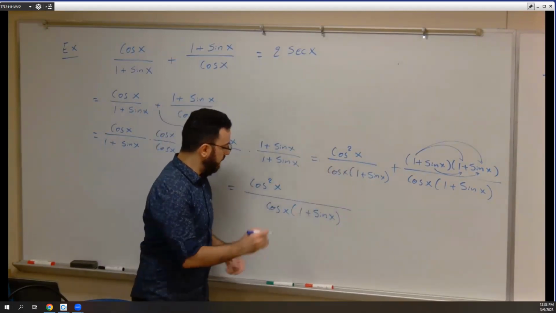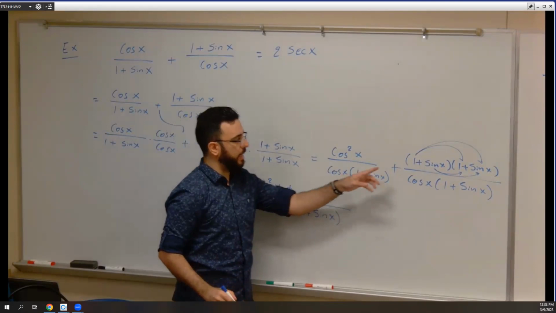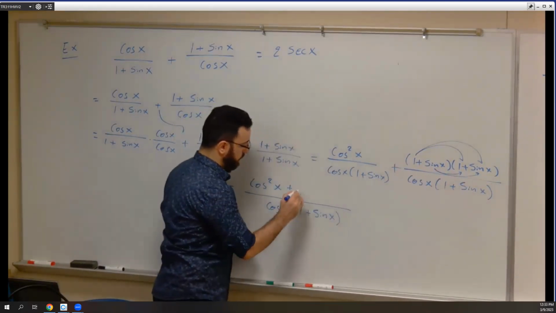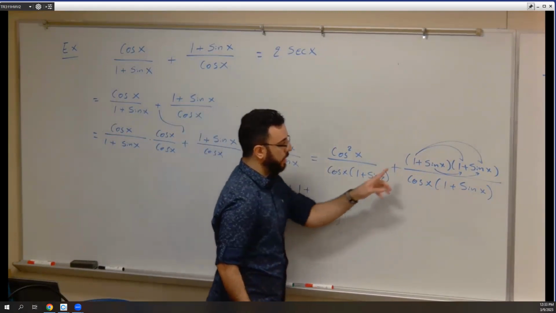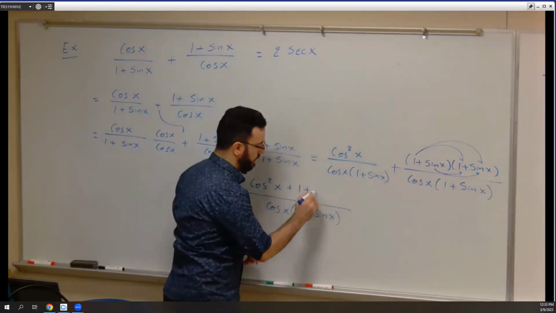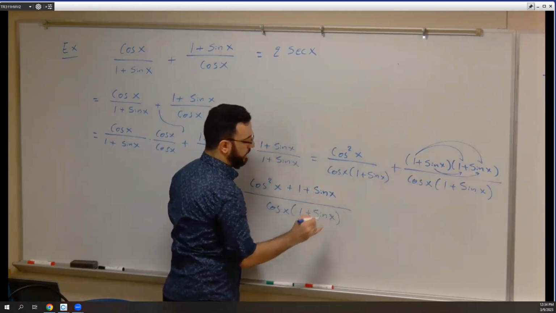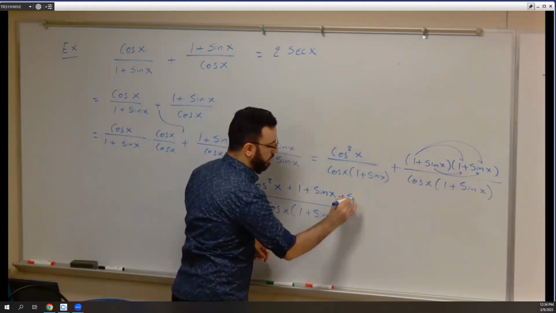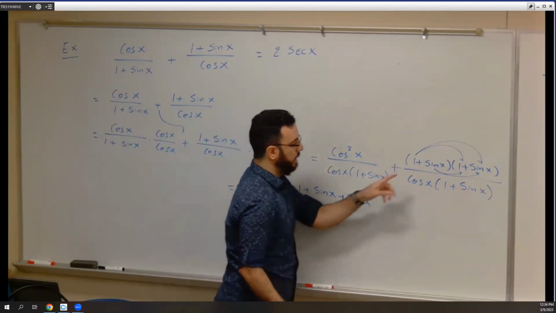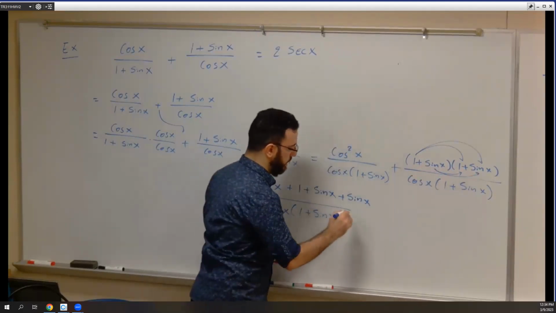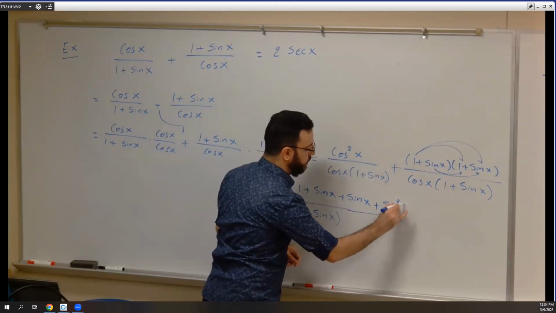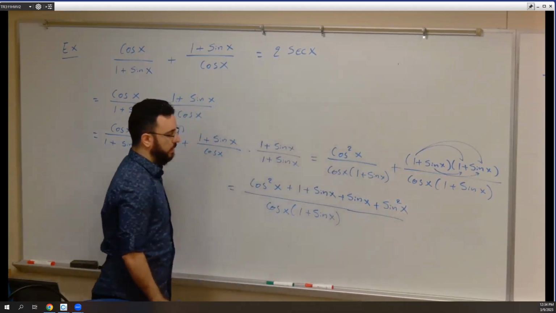There's cosine plus. I'm going to distribute here. 1 times 1 is going to be 1, plus 1 times sine x. Sine x times 1, plus sine x times sine x, it's going to be plus sine square x. Yes or no?